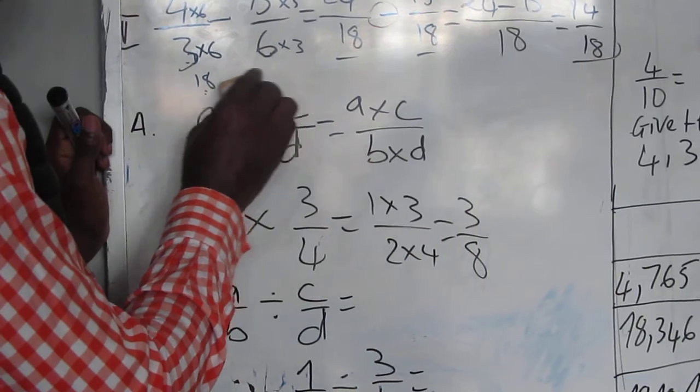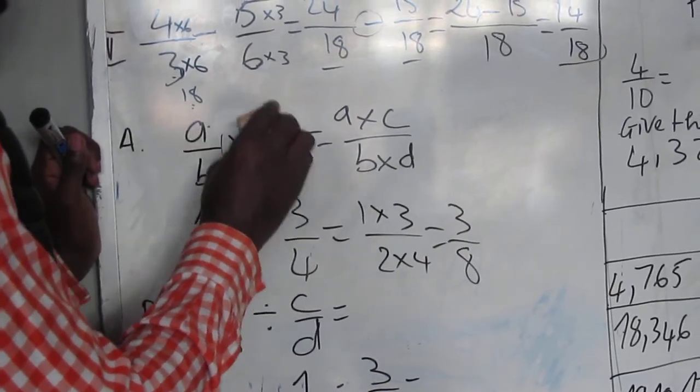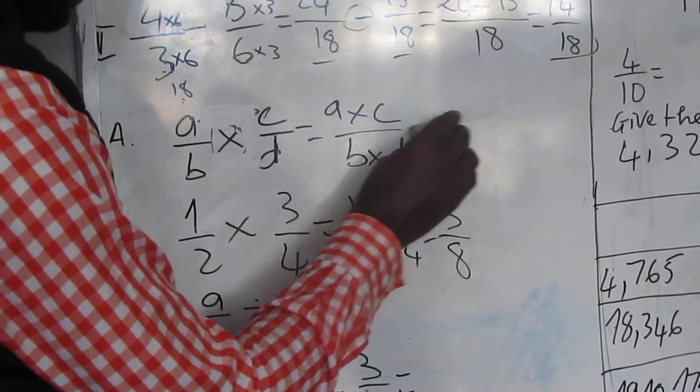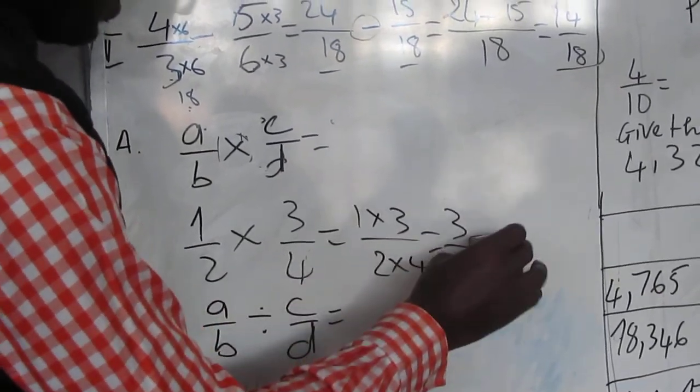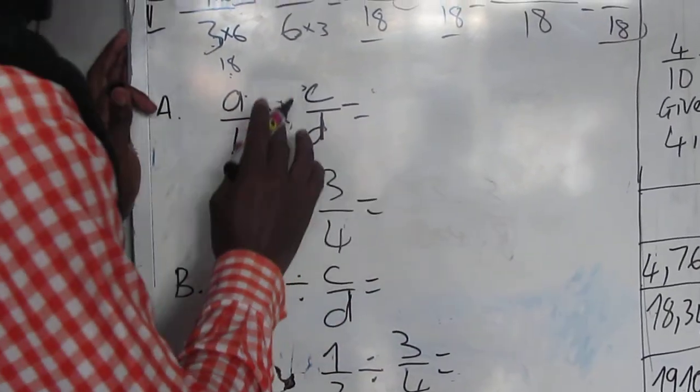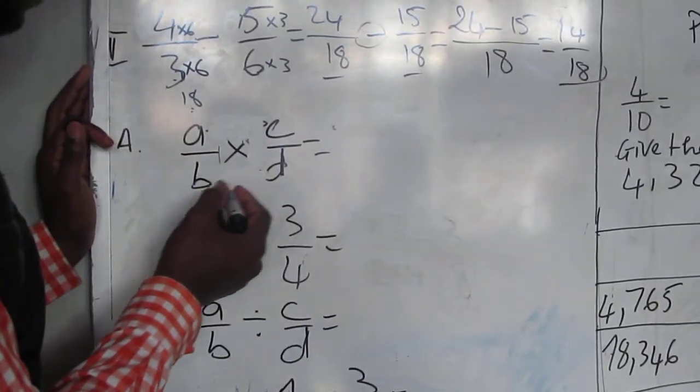Now if I want to use again the common law, for me to make this denominator common first, I will make the denominator common as we did in the previous example. I have a B, I have a D there.